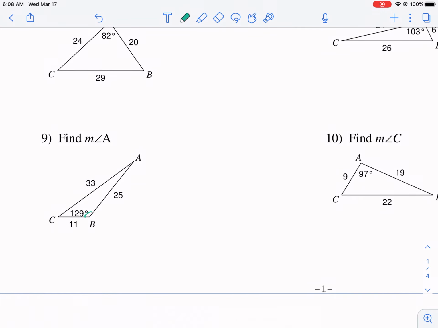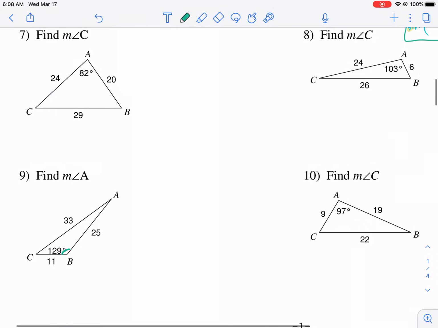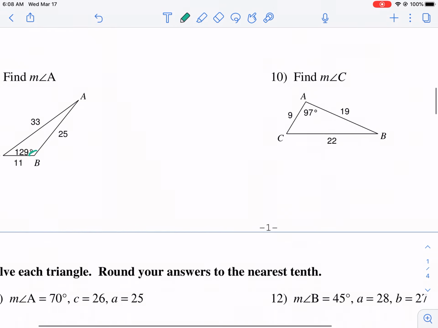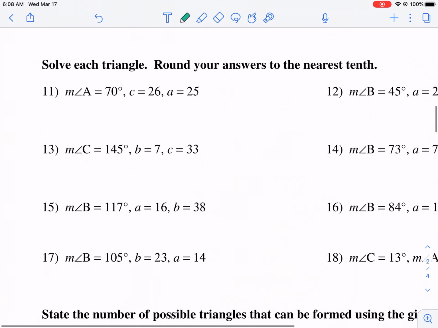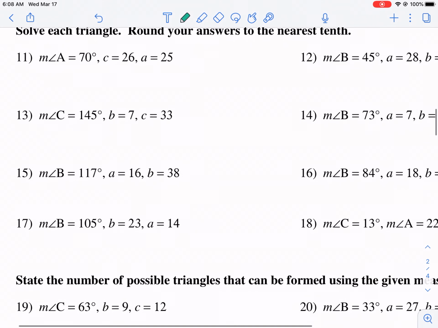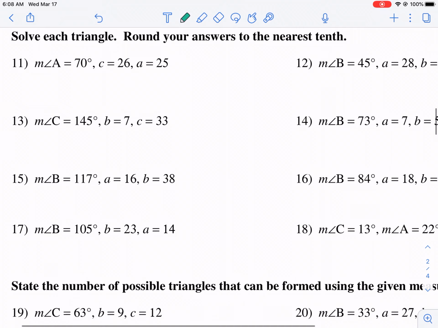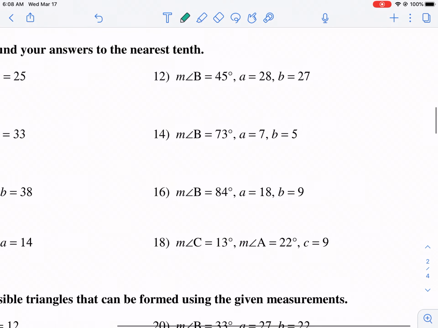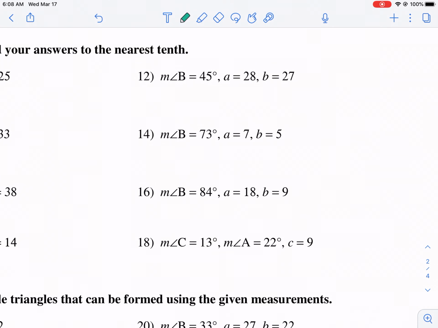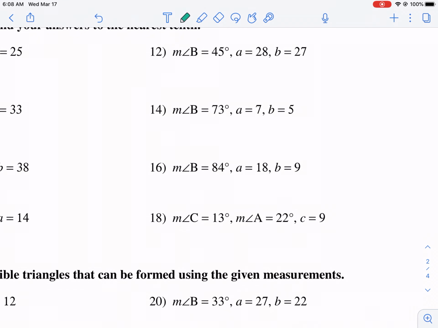Oh, this is 129. I get it. Okay, shoot. All right. Well, I'm on my search here, and I'm not seeing anything. Solve each triangle. Okay. Well, maybe we'll take that 70. Measure of angle B equals 45. I really wish it was more clear.